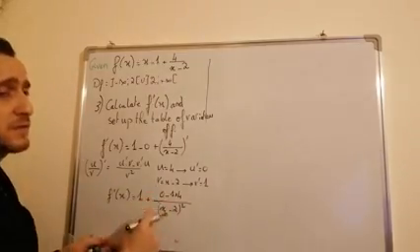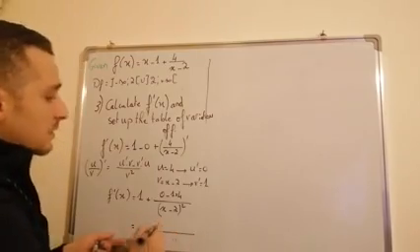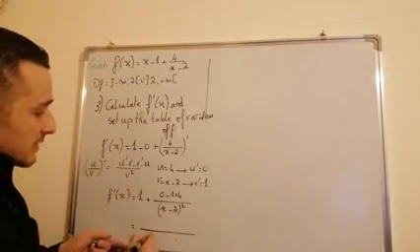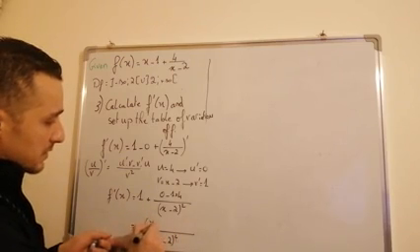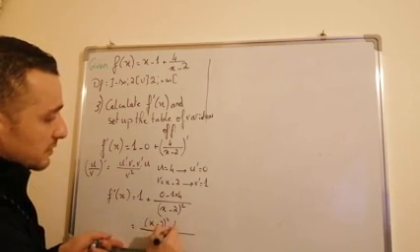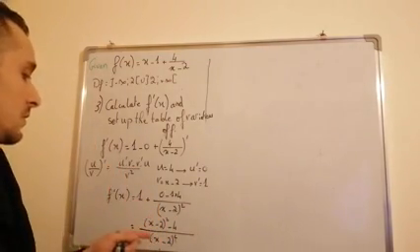To find the sign of this derivative, we have to make the same denominator: divided by x minus 2 squared, x minus 2 squared minus 4. In this part we have two methods.